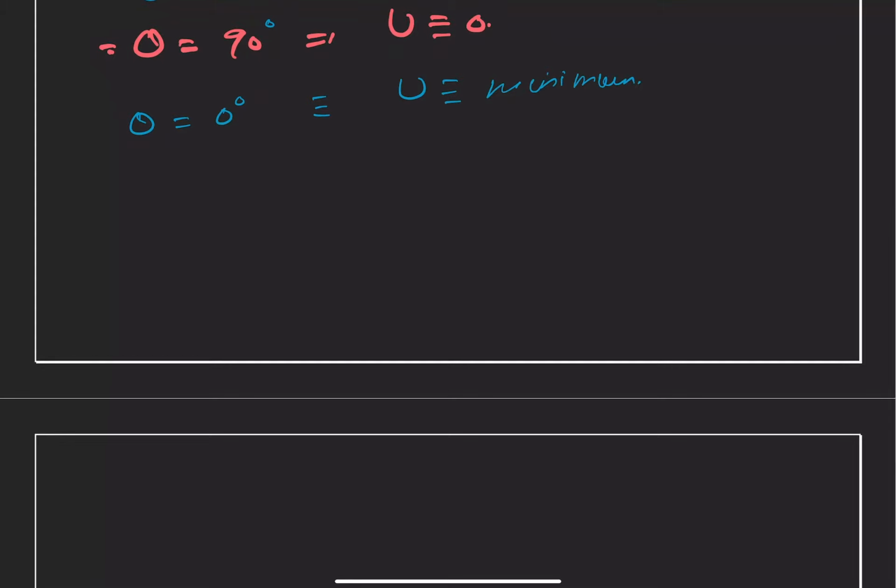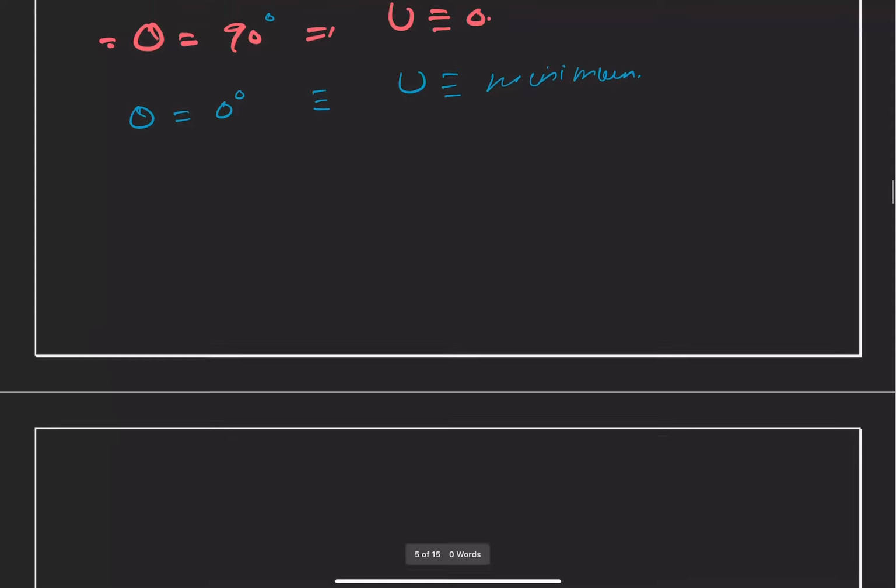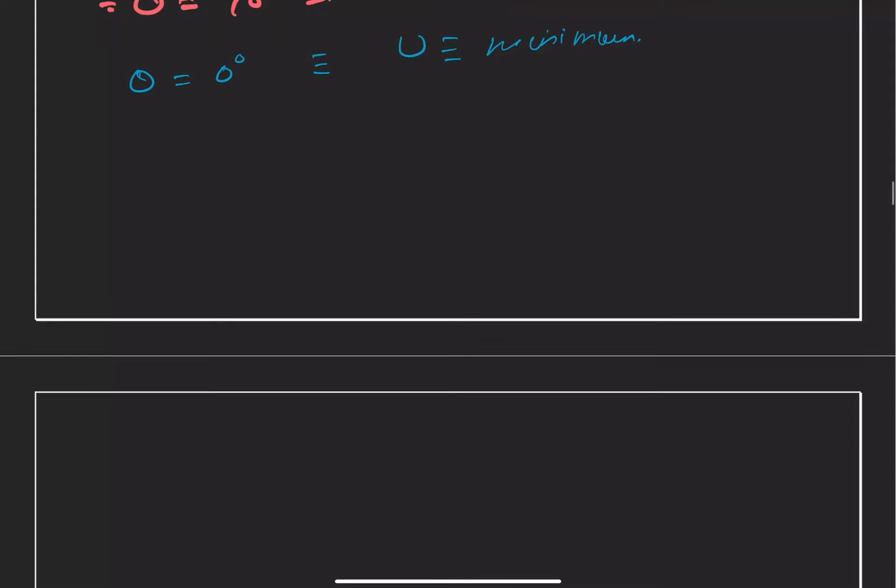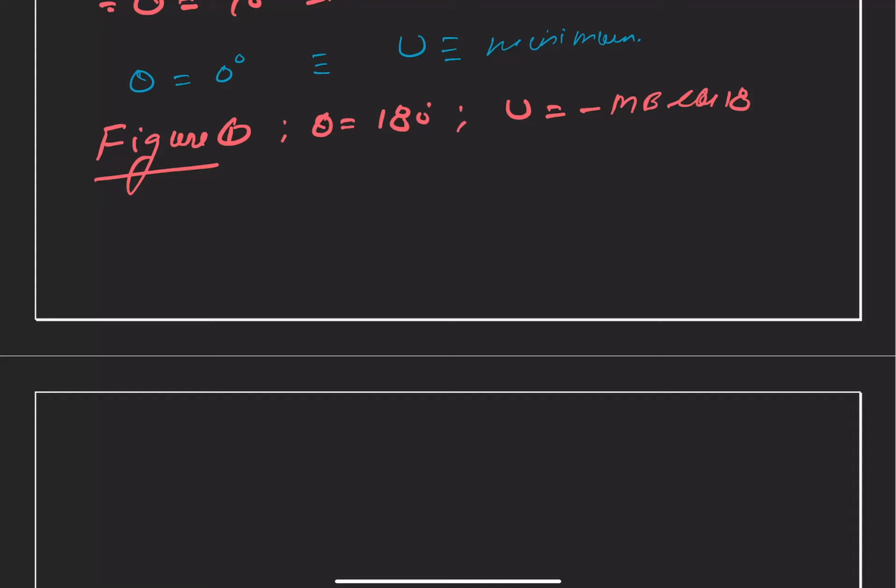So we can use the formula. In figure 1, theta is 180 degrees. Therefore U is equal to minus mB cos 180, and this will give us plus mB.